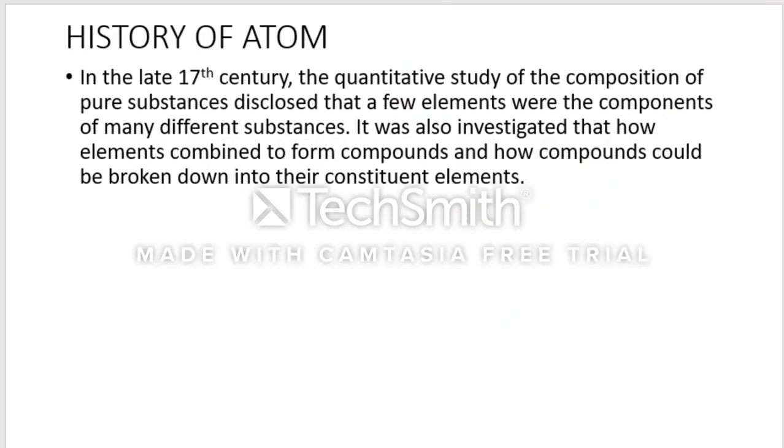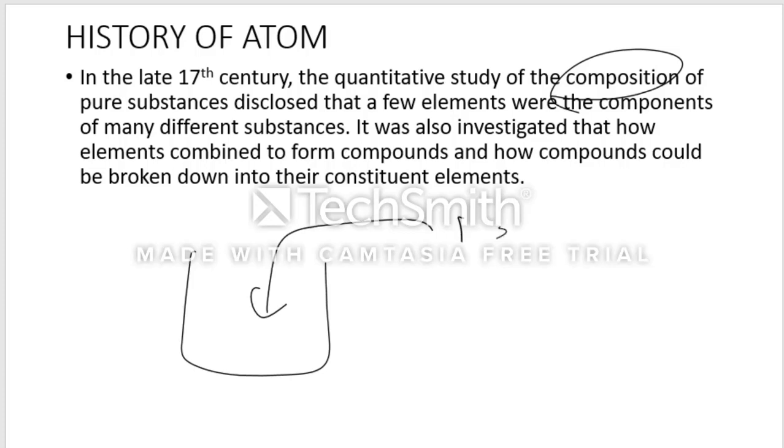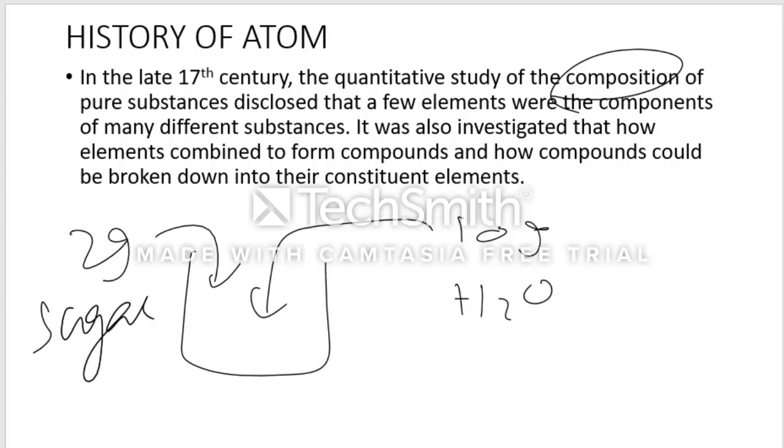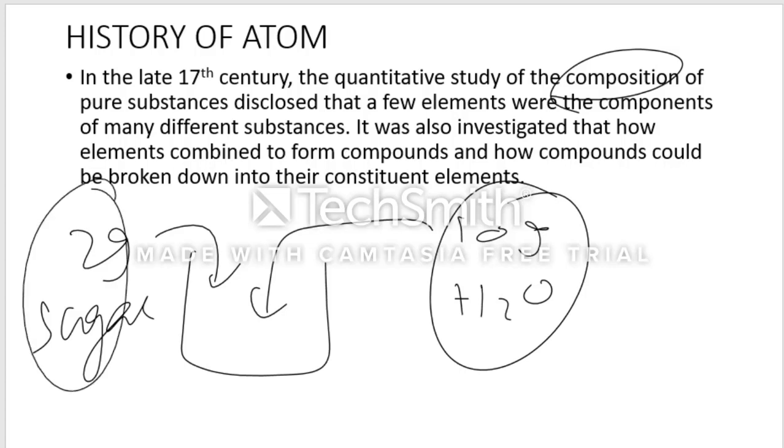In the late 17th century, the quantitative study of the composition of pure substances disclosed that a few elements were components of many other different substances. Here, I would like to explain the term composition. If you have a glass and you add 10 gram of water and 2 gram of sugar, the composition will be 10 gram of water and 2 gram of sugar, two different substances.